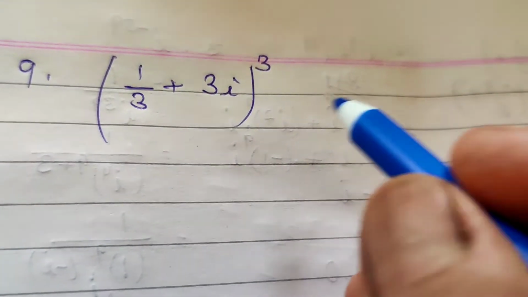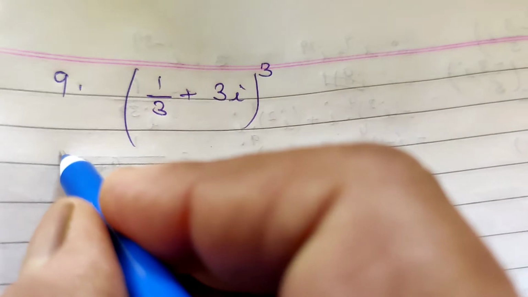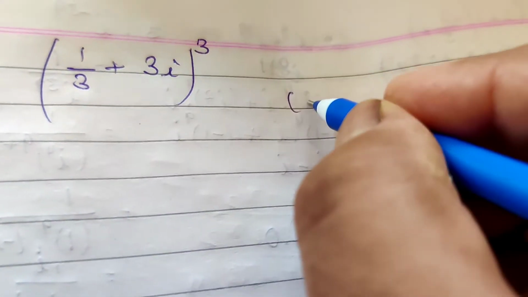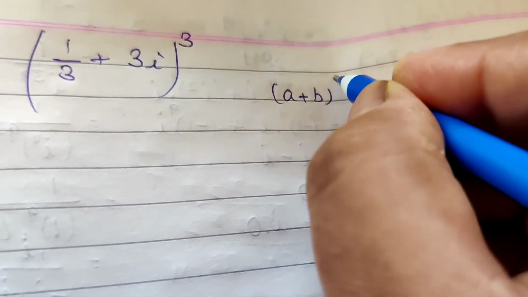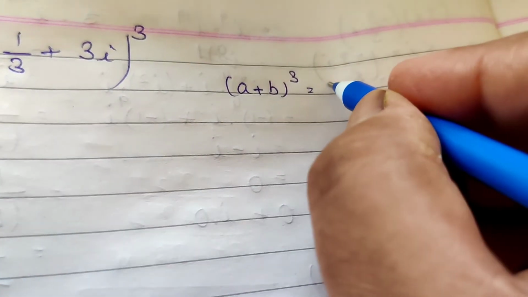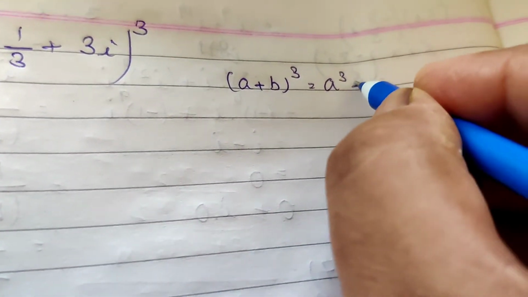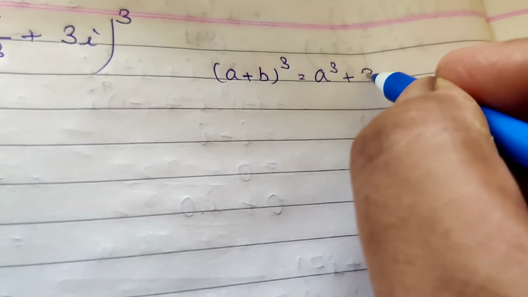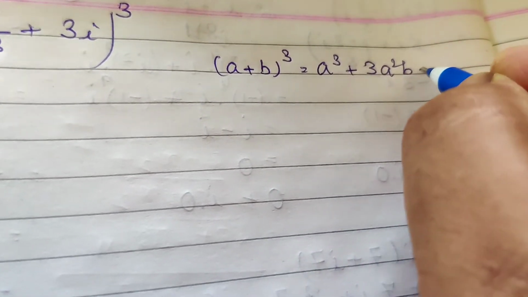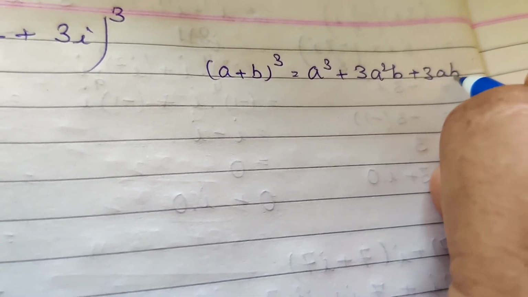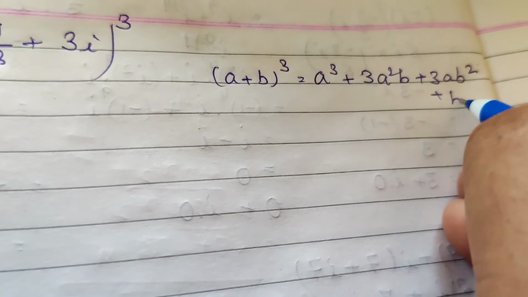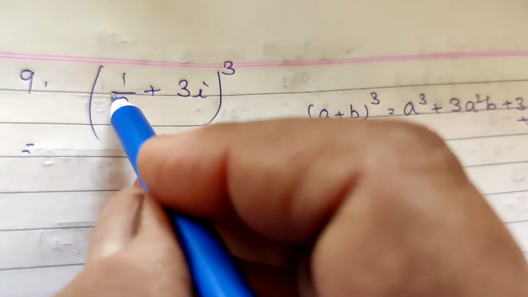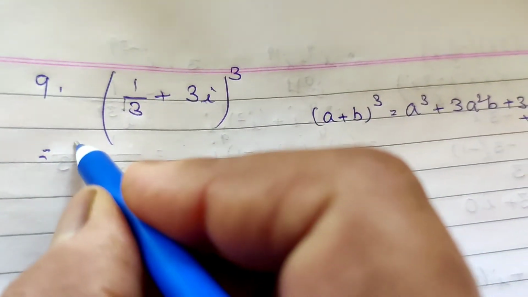1 by 3 plus 3i whole cube. This is question number 9. By expanding the formula of a plus b whole cube, it is equal to a cube plus 3a square b plus 3ab square and then b cube. Here a is equal to 1 by 3 and b equal to 3i.